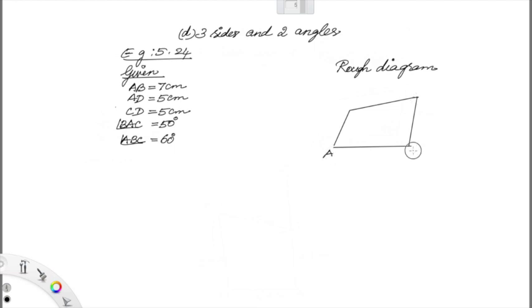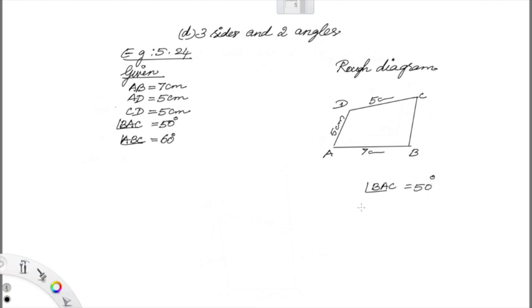It is ABCD, isn't it? And now write the measurement. So your angle will be somewhere here, right? So see here, angle BAC is 50 degree. Am I right?